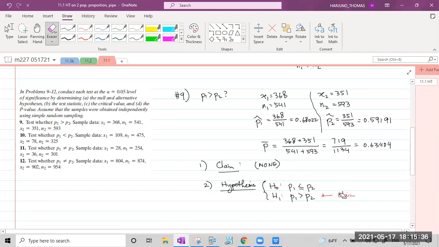I don't have the claim. I don't even know if it is left tail or right tail until I have a constant on the other side. We cannot skip that step. So P1 minus P2 greater than 0. Oh, that's a right tail. And the null is P1 minus P2 less than or equal to 0.